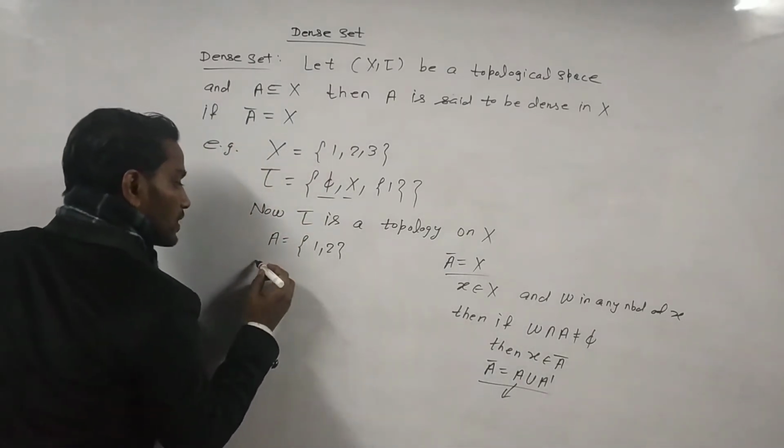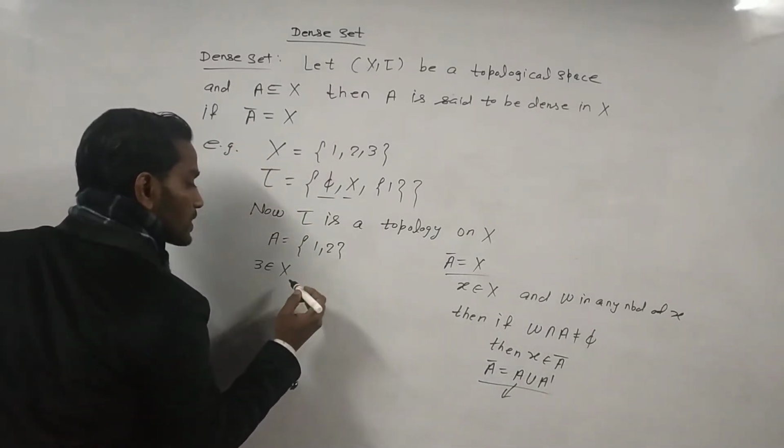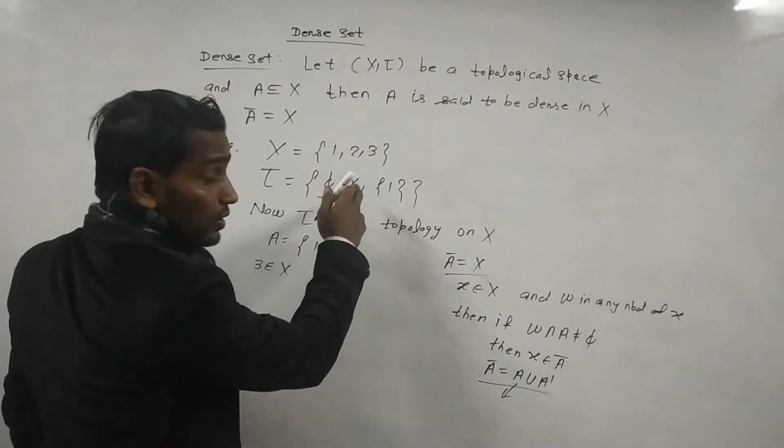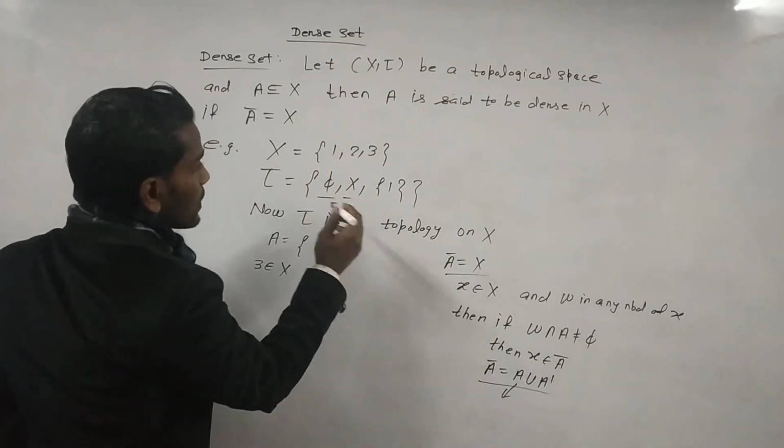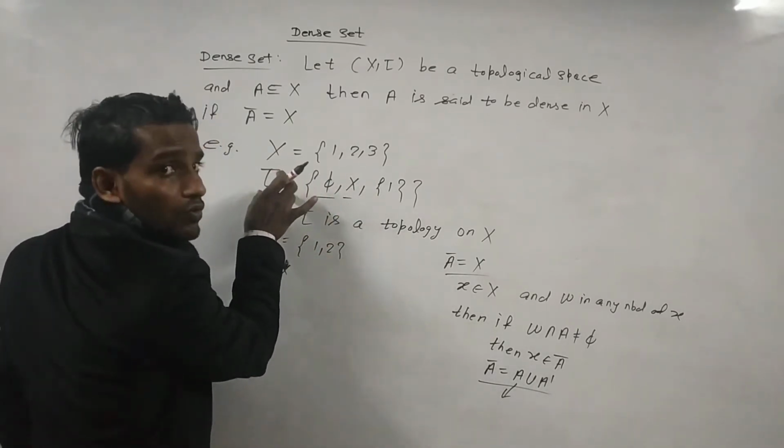तो यहाँ पे 3 belongs to X and a neighborhood of 3 will belong to tau.